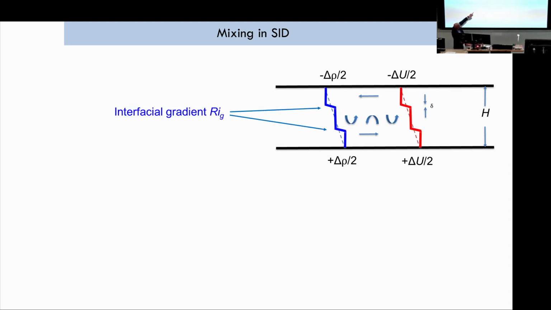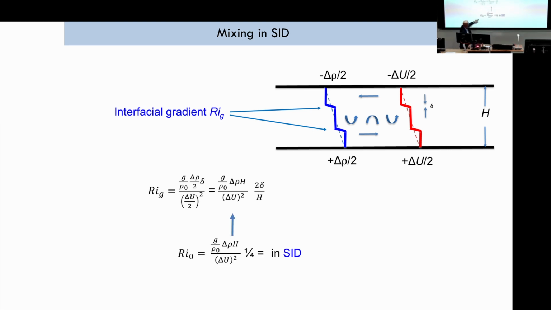We end up with these gradient Richardson number regions in these interfaces. And you can just do the sum. So the gradient Richardson number is just based on the local density change and the local gradients. And in this particular experiment, as I said, because of hydraulic control, this quantity is always a quarter.